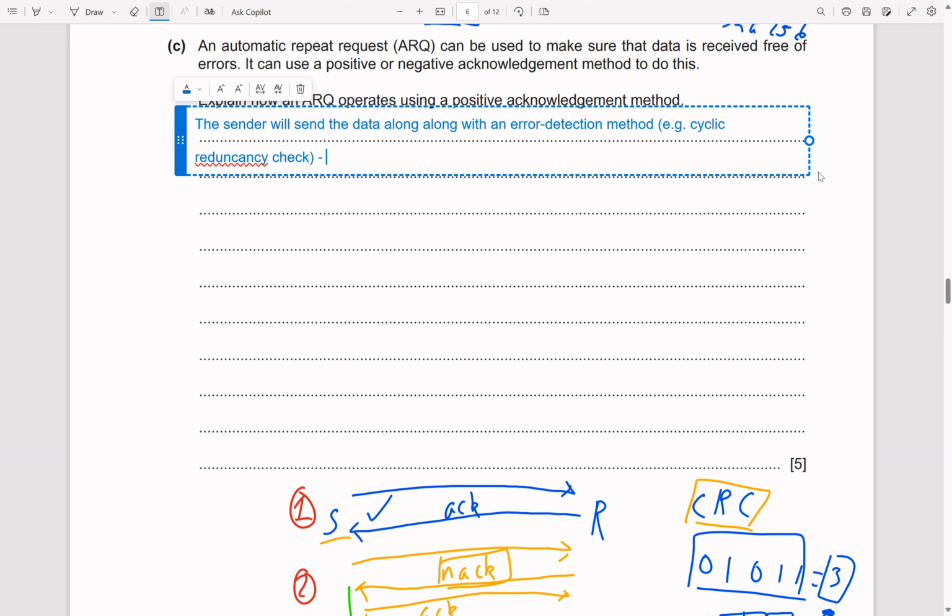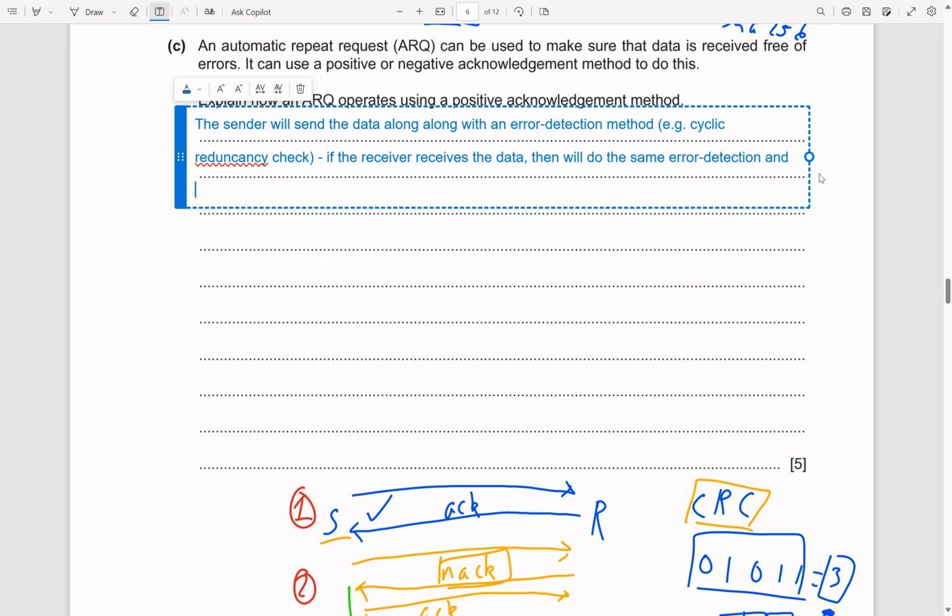Let's say if the receiver receives the data, they will also do the same error detection calculation and check the integrity of the data, or check the result matches what was sent by the sender.